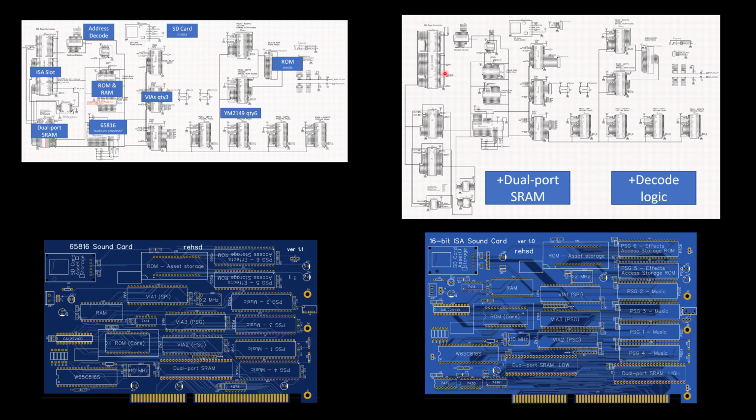And down below, you can see what this PCB is looking like. I wedged in this extra dual port static RAM IC down here. So I now have a pair of them, along with 6 of these programmable sound generators.